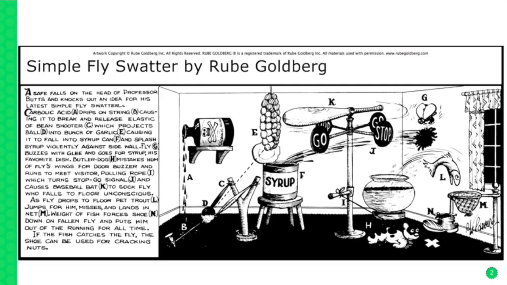This is a simple fly swatter. Does everybody know who Rube Goldberg was? Okay, so Rube Goldberg, famous artist. One could say he was an inventor, but I think the reality was he had a very inventive mind. He would come up with these fantastic contraptions to do the simplest thing.